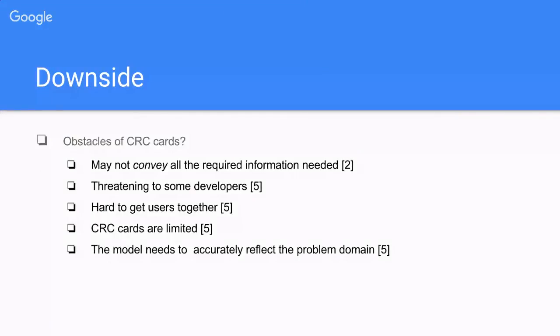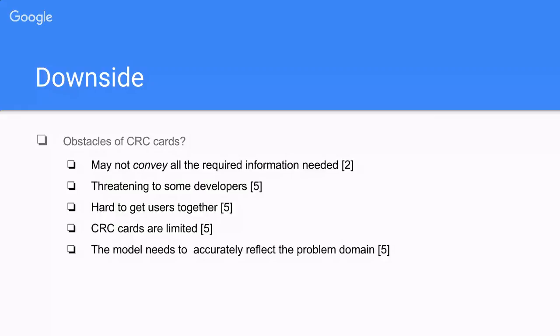And some developers find CRC cards threatening because they don't see the need to work closely with others, because they think they know the technology and they understand the business domain better than anybody. But of course, who knows more about how the system works than those people who actually use it on a daily basis?